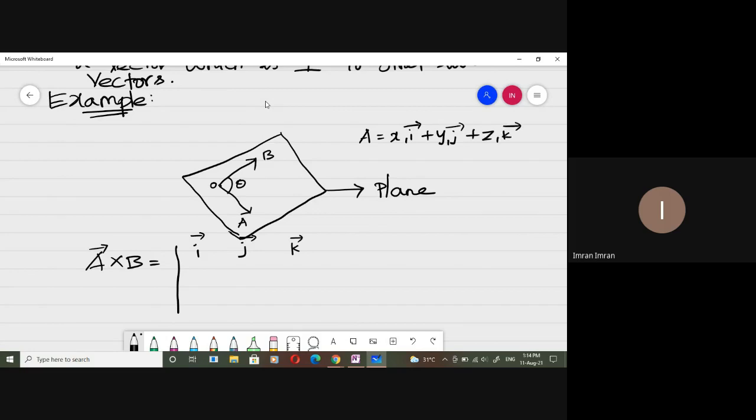Next, B vector is x2 i plus y2 j plus z2 k. Then the determinant form of the cross product is: first row i, j, k; second row x1, y1, z1; third row x2, y2, z2.